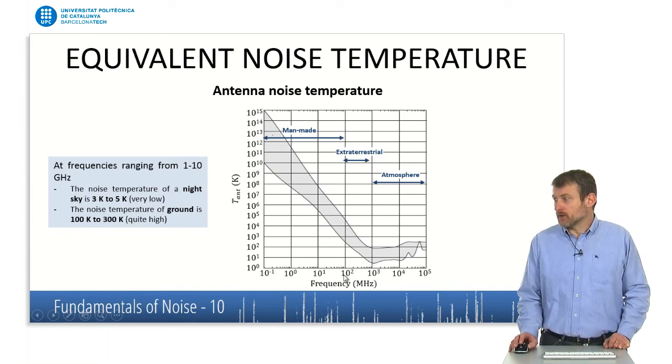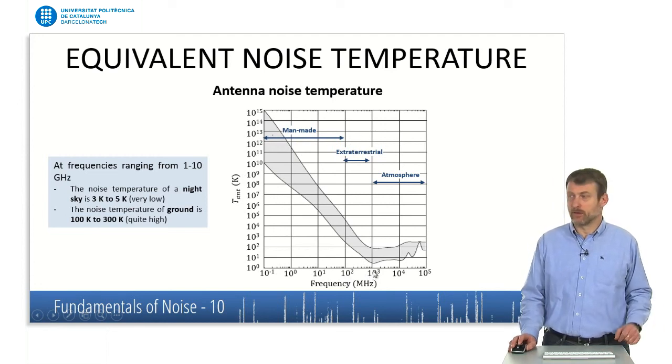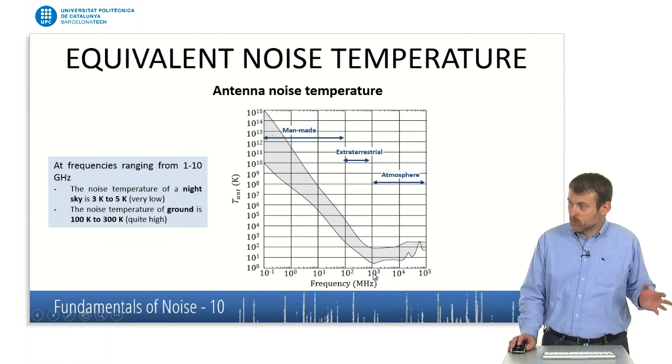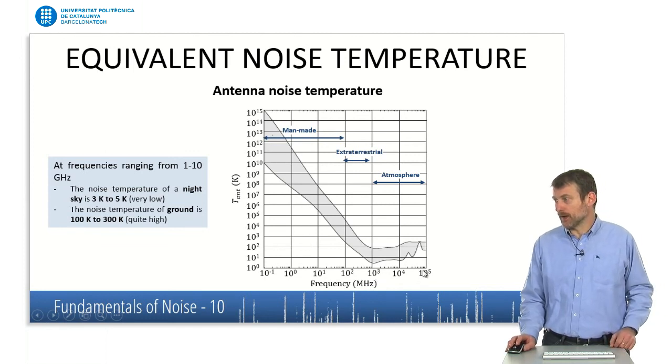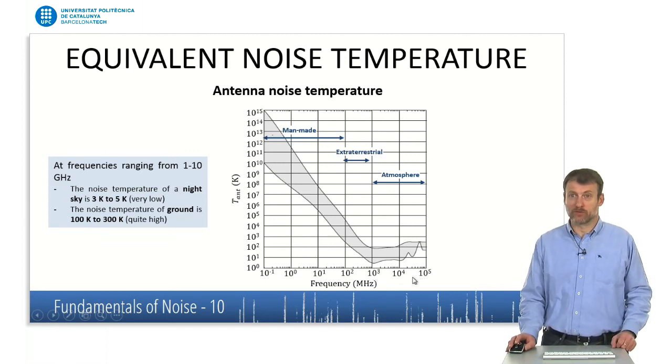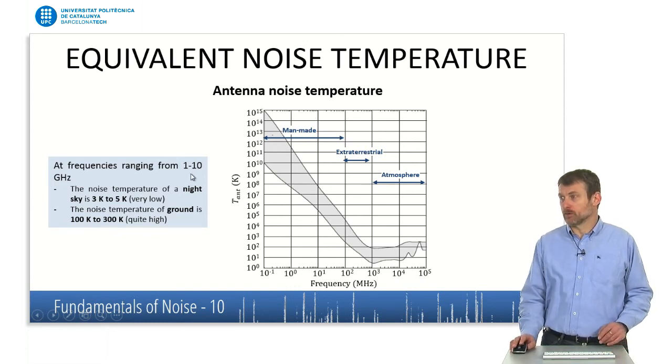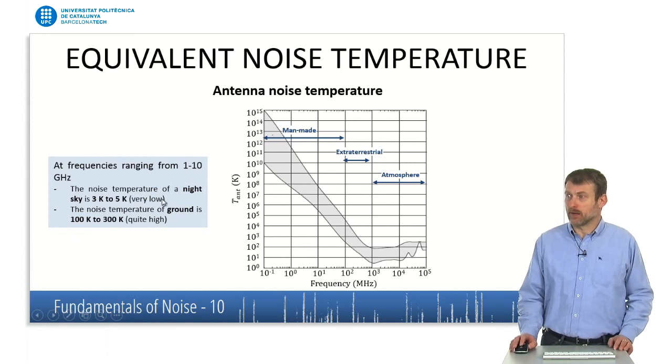Then there's a range of frequency going from, say, 100 megahertz to 1 gigahertz, where the dominant contribution is extraterrestrial noise, and from about 1 gigahertz to 100 gigahertz, we have atmospheric noise as the dominant source for antenna noise temperature, right? Here in this square I put an example for the band 1 to 10 gigahertz.